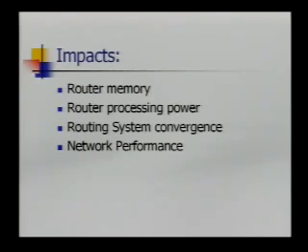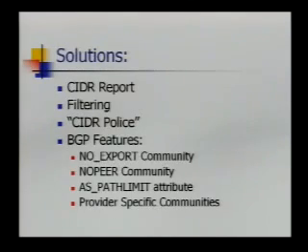If you have a look at the impact of BGP updates on your router CPUs, it's noticeable. Routing system convergence: router memory problems and lack of processing power all impact convergence. People want the internet to be always available, always working, and if your network's not converged, then it's not working perfectly for your customers. And of course, there's network performance.